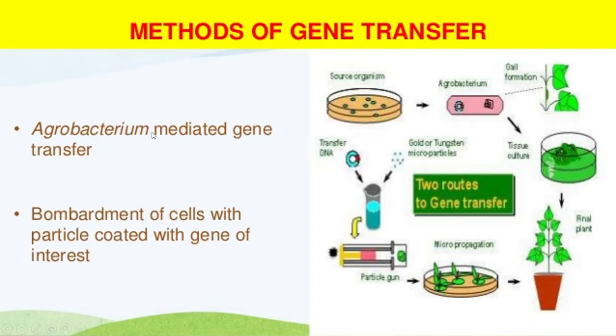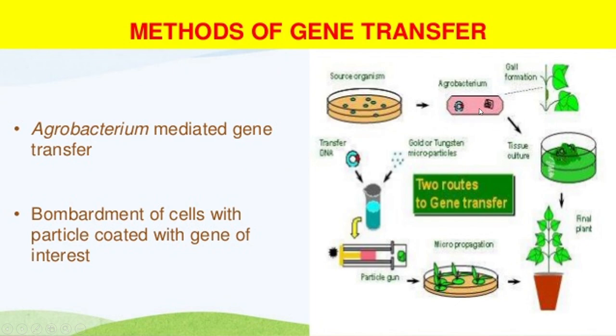So this is the method of gene transfer. The most common methods are Agrobacterium mediated gene transfer or bombardment of cells with particles coated with the genes of interest. But the most commonly used method is Agrobacterium mediated gene transfer. Here this picture shows the two different routes for gene transfer.